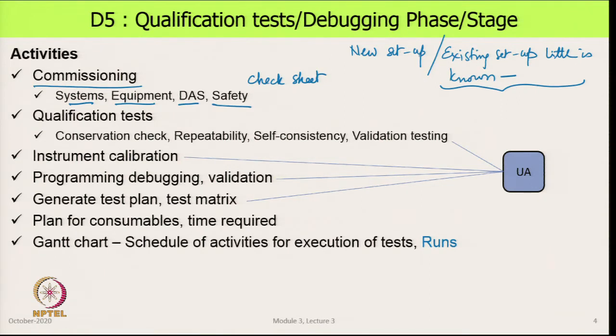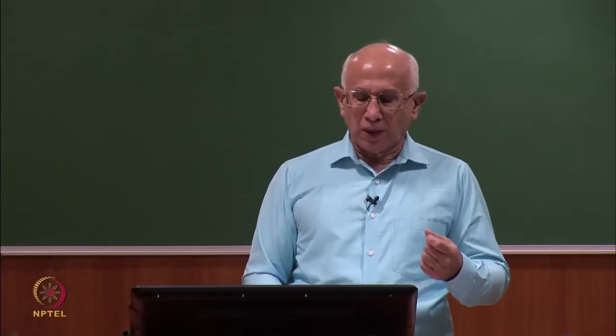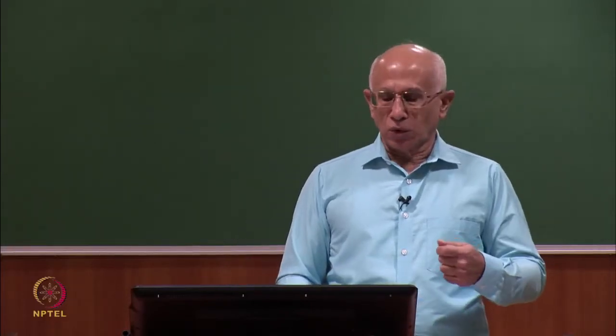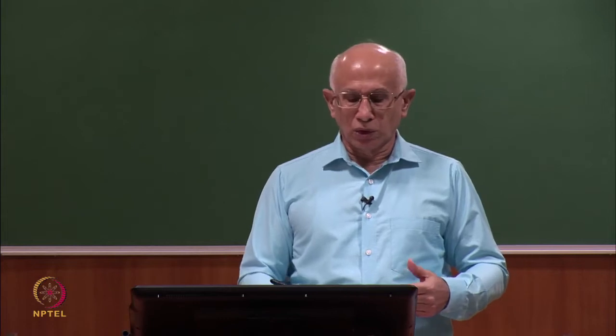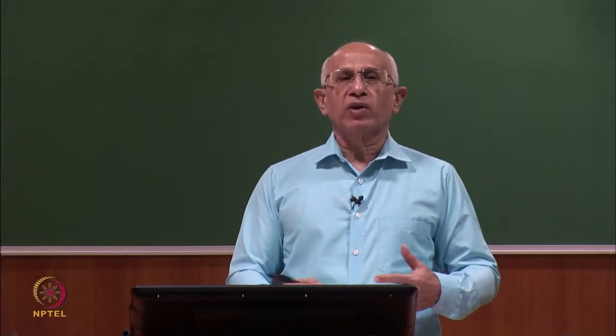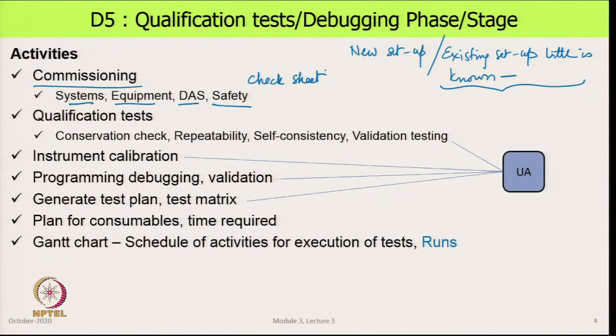So, with all that in mind, we go one by one, check out one system at a time and make sure that it is doing what it is supposed to do, and that is how we get everything up and running. So, at the end of the commissioning process, you have everything safely operating.